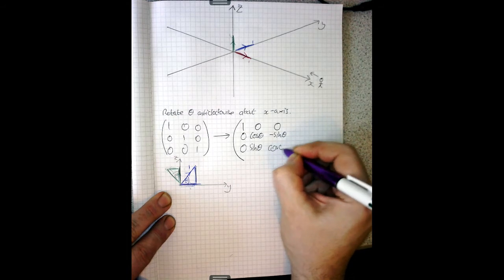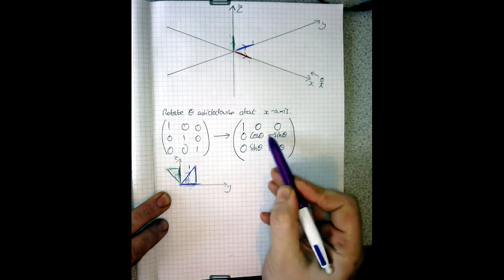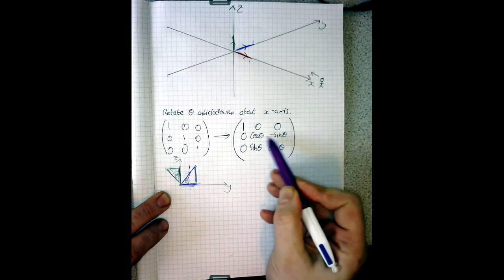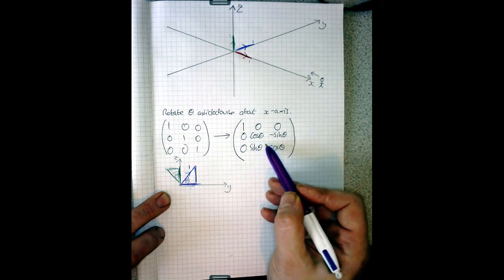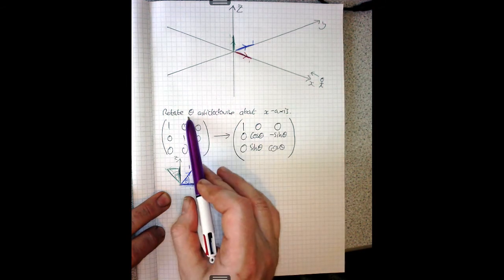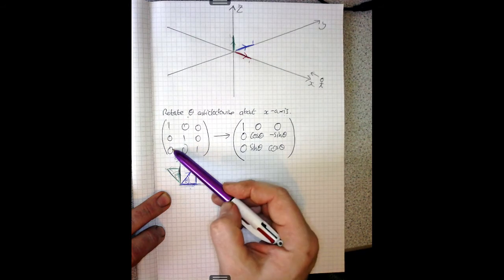I'm going to rotate about the z-axis. So theta about the z-axis, I want to do the same thing. What happens to 1, 0, 0, 0, 1, 0, 0, 0, 1? Well, let's think about what we see.